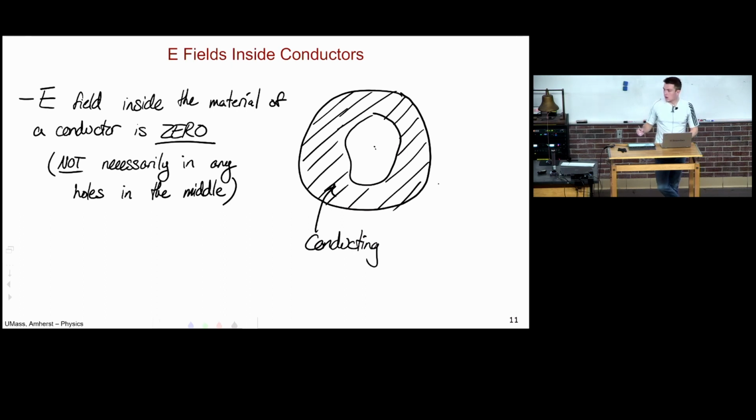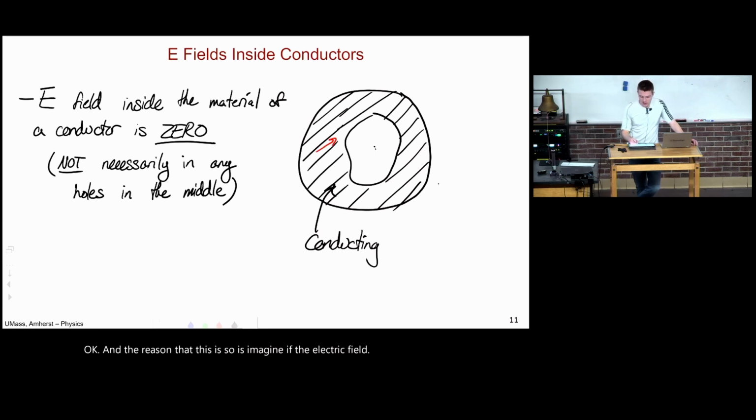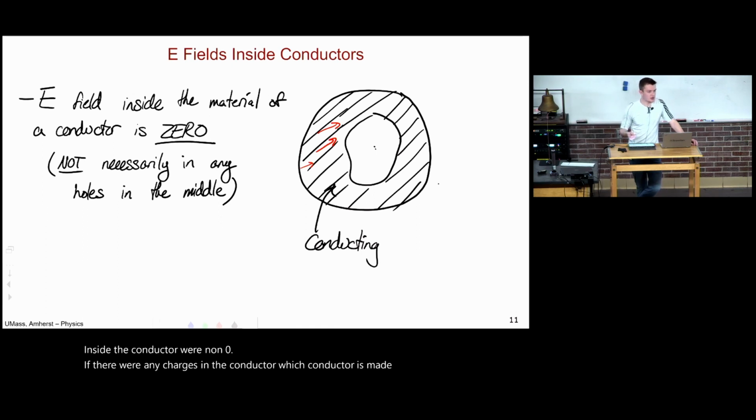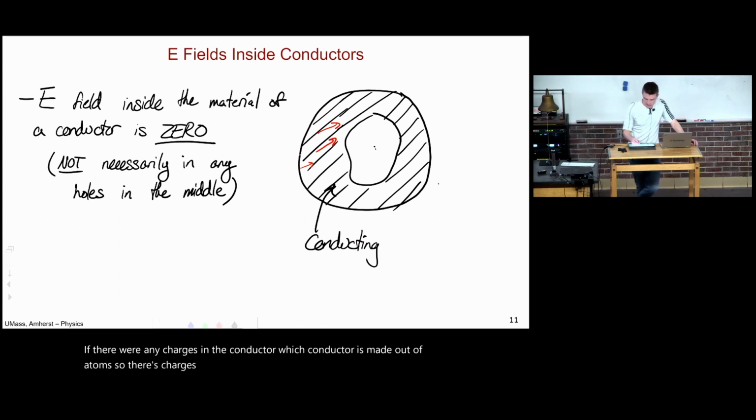And the reason that this is so is, imagine if the electric field inside the conductor were non-zero. Now, a conductor is made out of atoms, so there are charges inside it somewhere.